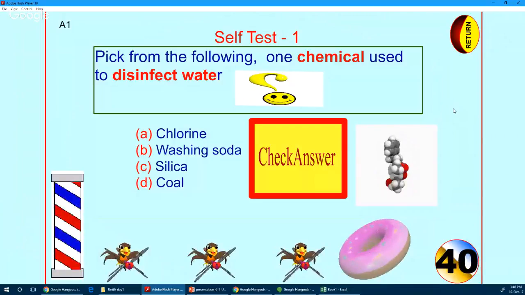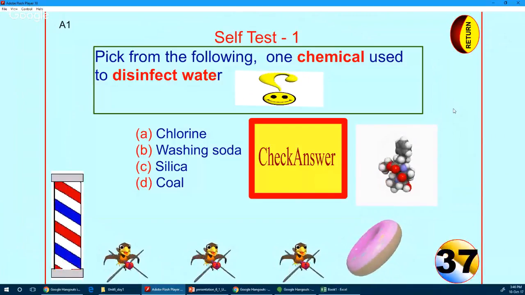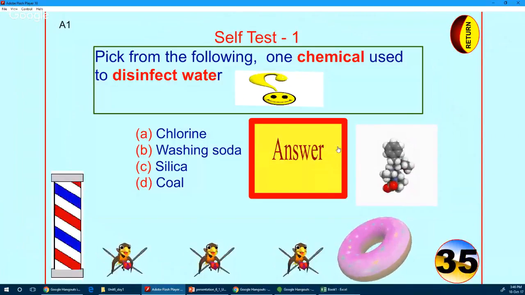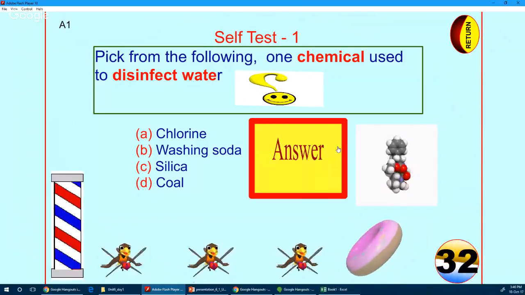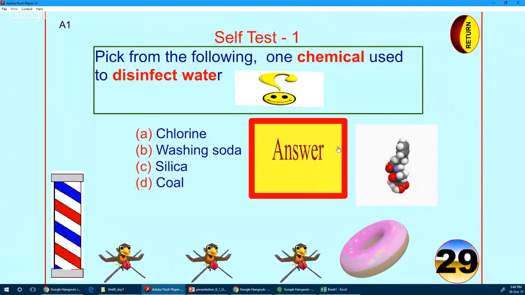The chemical is used to disinfect water. A, B, C, or D?